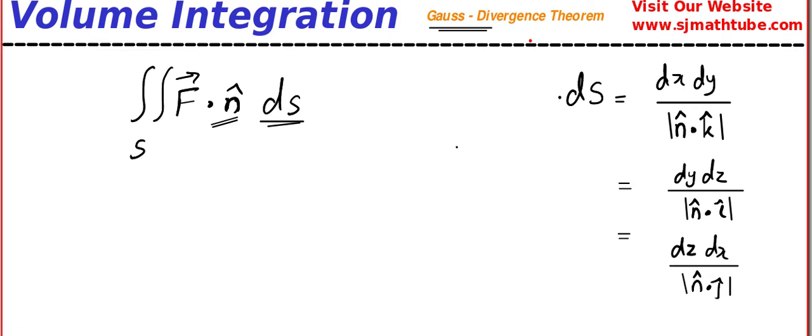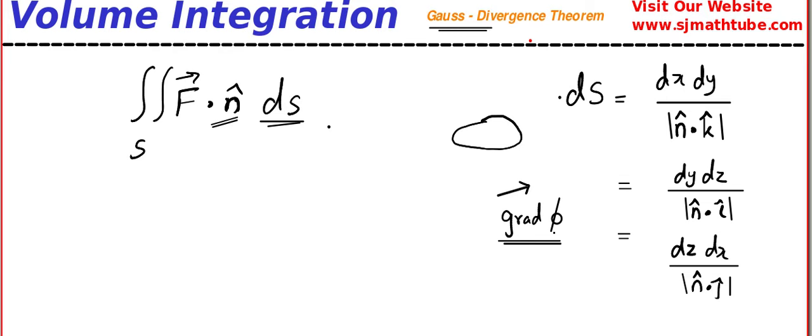Now remember, if the surface is a plane surface, then we may have an advantage. We may not have to calculate this n. But in your second semester, you learned that the outward drawn normal is given by grad phi. Don't forget this.